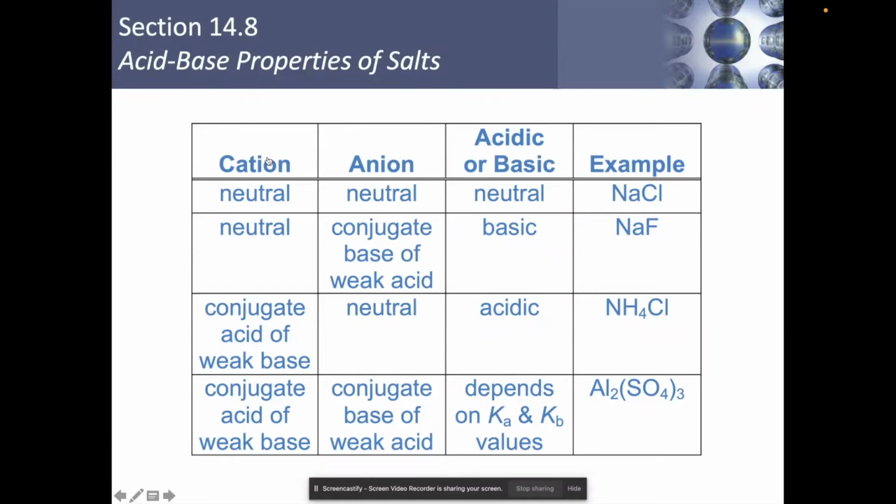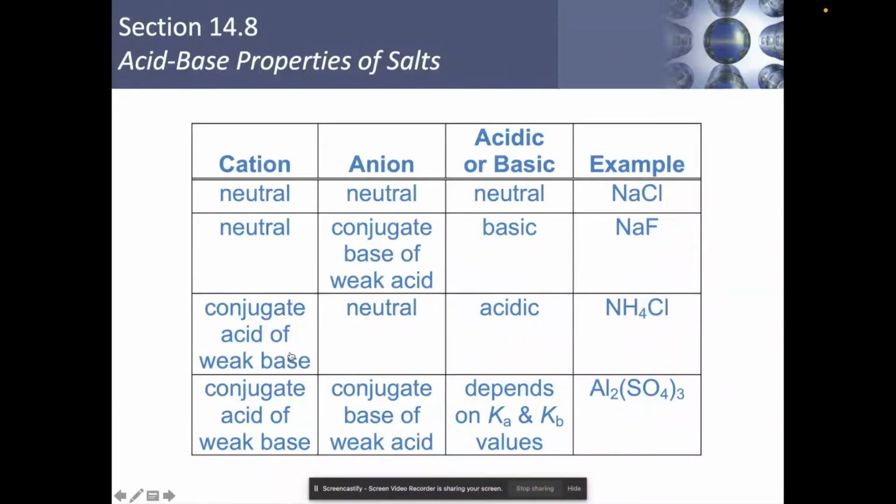So think of all of your strong acids, any of those anions, and your strong bases, any of those cations. When you mix them together, that makes a neutral solution. Now, what if your cation is neutral, but your anion is a conjugate base of a weak acid? That makes a basic solution. What if you have a conjugate acid of a weak base and your anion is neutral? Then we would end up with an acidic solution.